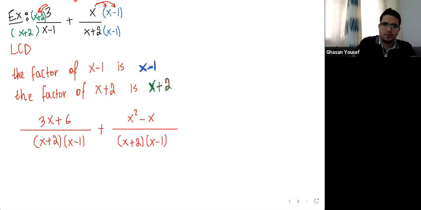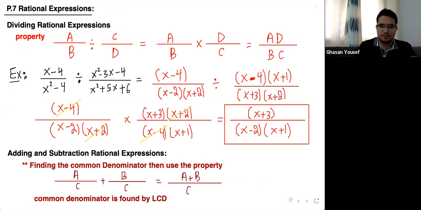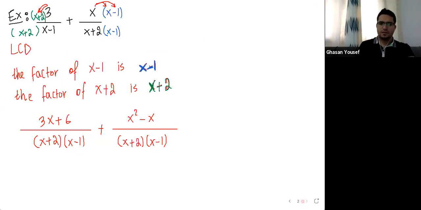Now look, both of the denominators are equal, x plus 2 times x minus 1. We can use the property from before, when both fractions have the same c, a over c plus b over c. Both of them have the same c. So the denominator in the second fraction, x plus 2 times x minus 1, is the same. This means we can add both of the numerators.